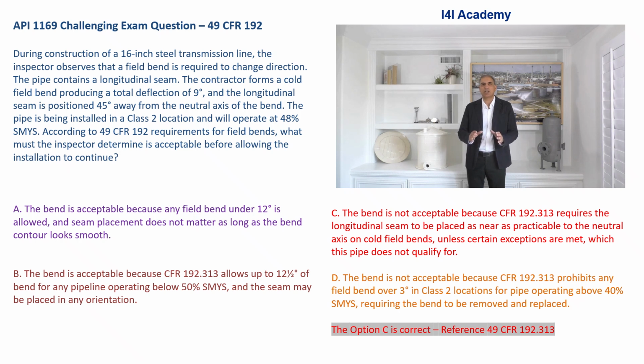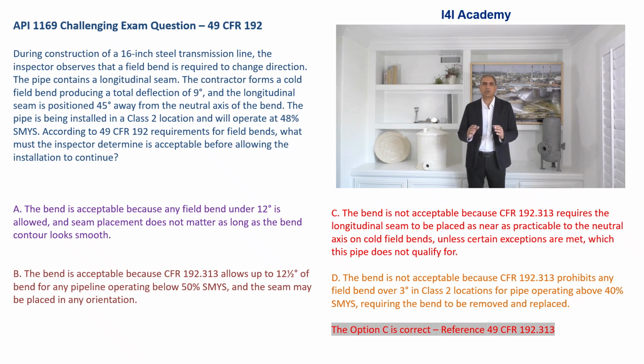D. The bend is not acceptable because CFR 192.313 prohibits any field bend over 3 degrees in Class 2 locations for pipe operating above 40% specified minimum yield strength, requiring the bend to be removed and replaced.